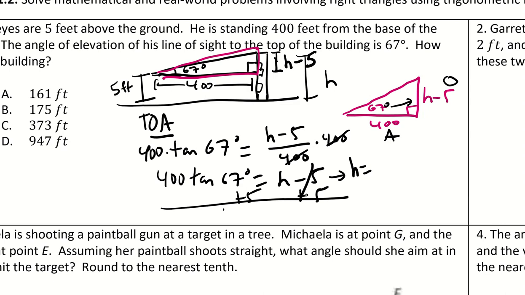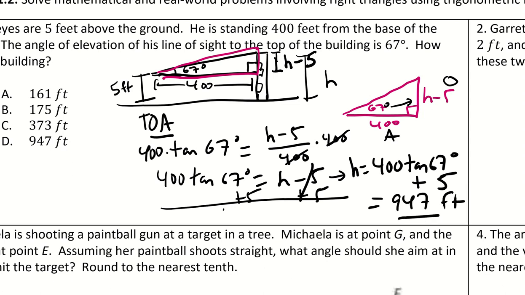So my H is 400 tan 67 plus 5. Those are two separate things. We got to calculate 400 tangent 67 on the calculator, and then we're going to add 5 to that number. Okay, if we do that, we get 947 feet. And that's how tall the building is.